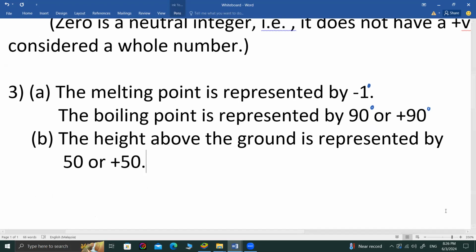Okay, look at the paper. A whale is at 25 meters below sea level. So 25 meters below sea level means -25. Below sea level, you got what I mean?